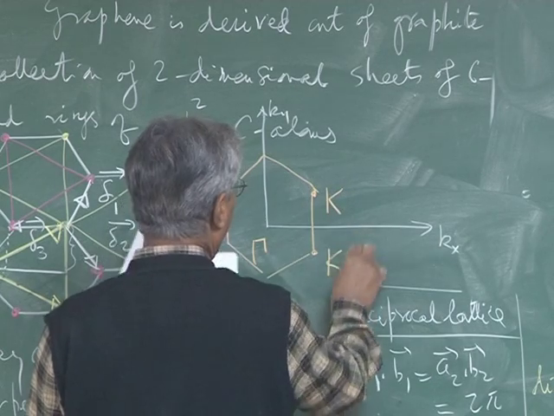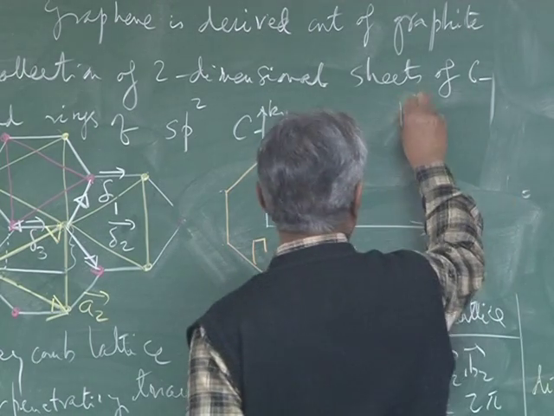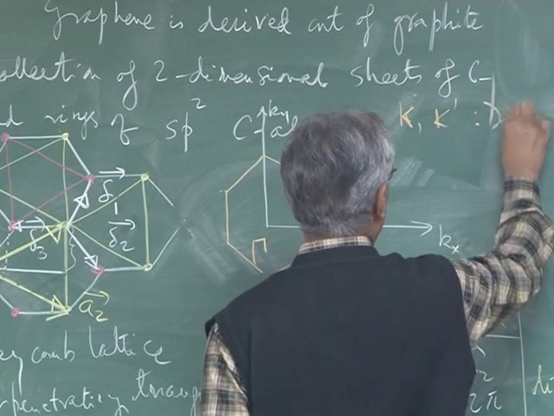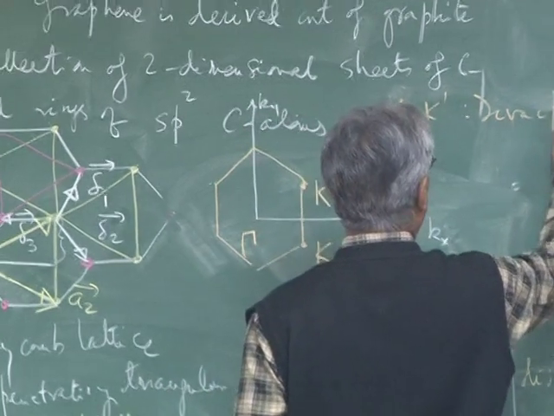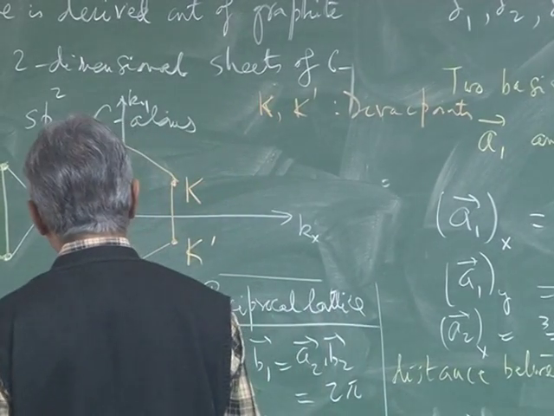We'll show you why. These K, K prime are called the Dirac points in the literature. Okay. What about B1, B2, B3?